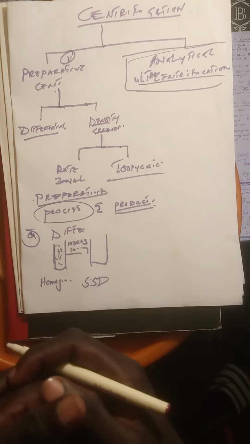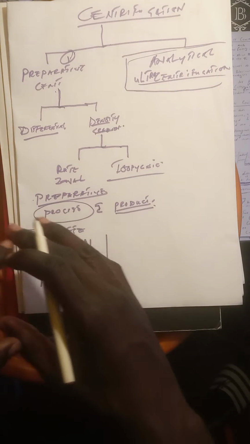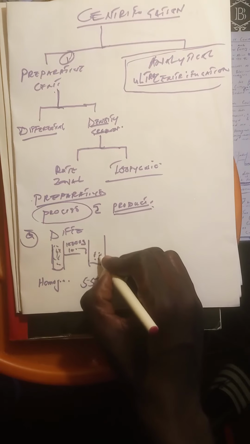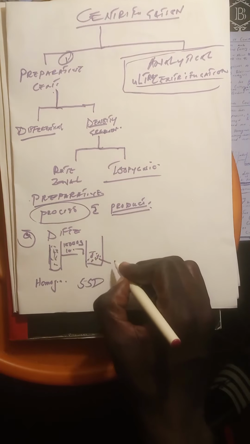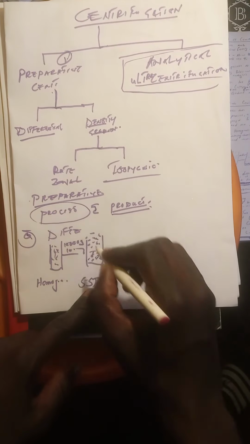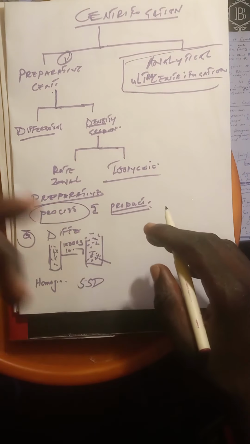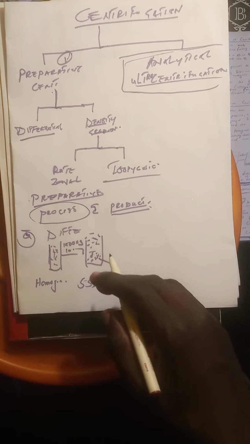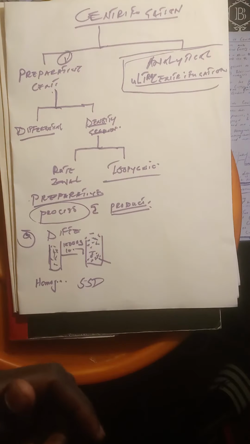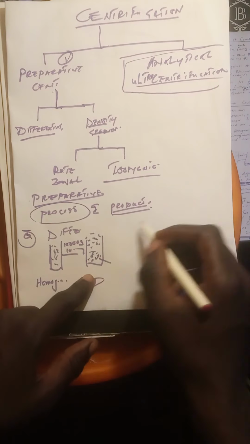And most likely the heavier phase in the first centrifugation of a cell homogenate is nuclei, which are part of that. So you have nuclei settling at the bottom, and you have your ribosomes, lysosomes, and peroxisomes remaining on the surface as the supernatant.